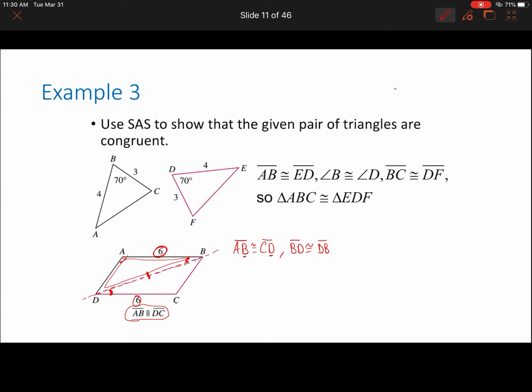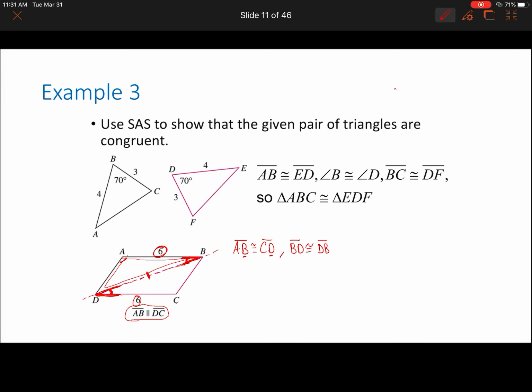And if you remember, we talked about transversals back in chapter 11, and we said that if two parallel lines are cut by a transversal, their alternate interior angles have to be congruent. Well, that's exactly what we have here.